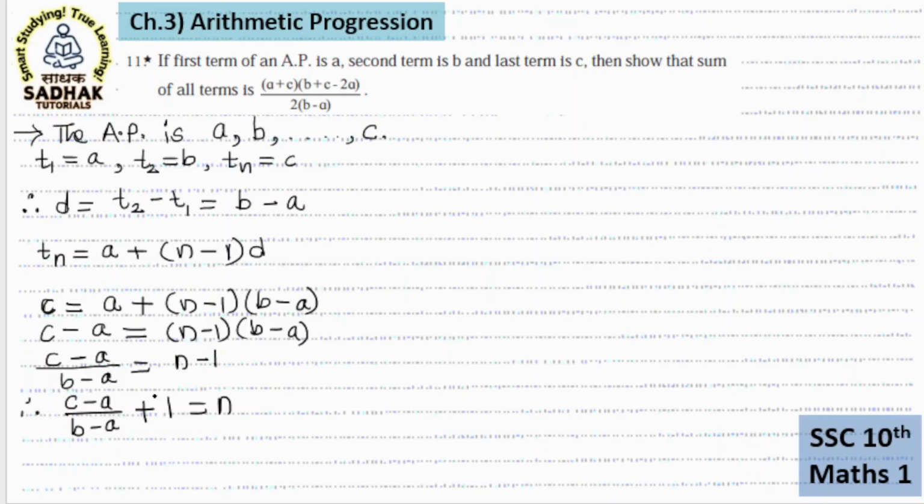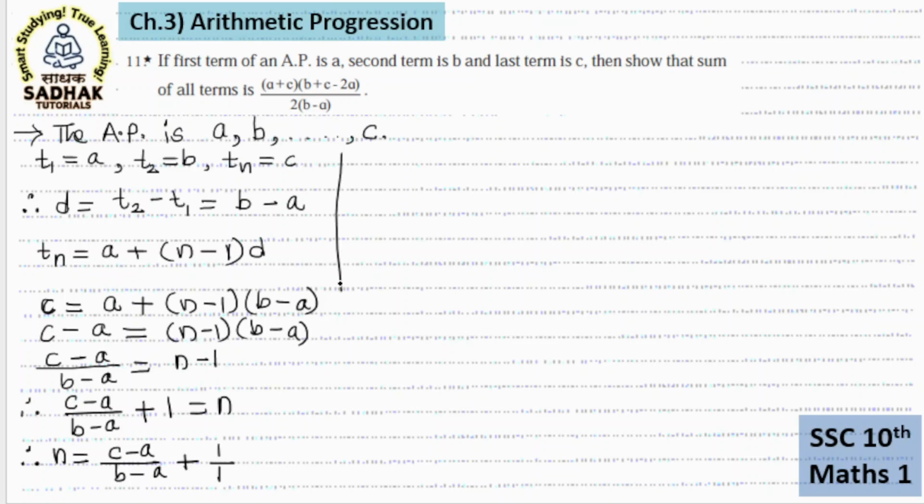Now let us solve this. I am just taking n on the left hand side. n is equal to C minus A upon B minus A plus, now this 1 I can write as 1 upon 1, is it not?